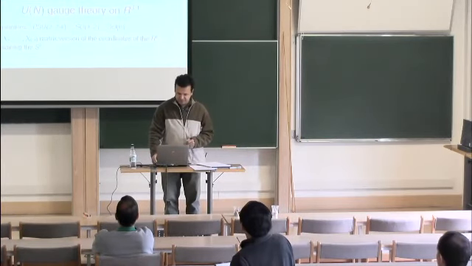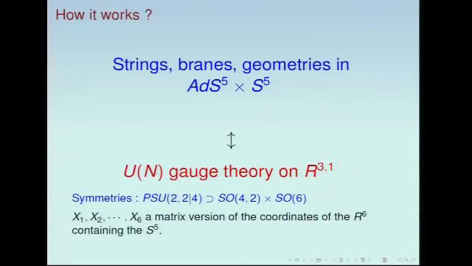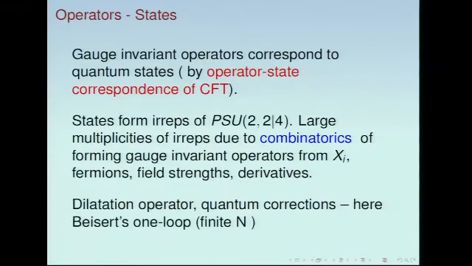So of course having PSU(2,2|4) on both sides is not enough. You're going to have a Hilbert space on both sides. You want to match them. And when PSU(2,2|4) acts on this big Hilbert space, the representations of PSU(2,2|4) will appear with huge multiplicities. So on the gauge theory side, you have gauge invariant operators which correspond to quantum states by the operator state correspondence. And these states form irreps of PSU(2,2|4), but there are large multiplicities, and one wants to organize them in some way so that you can match both sides.